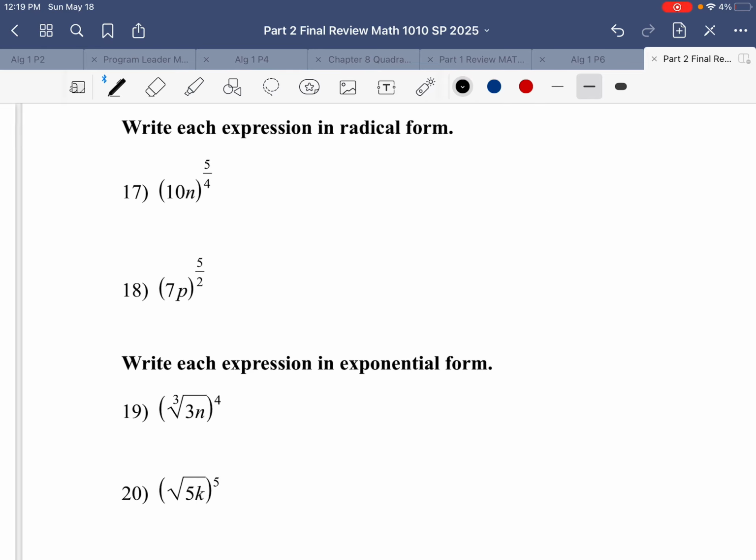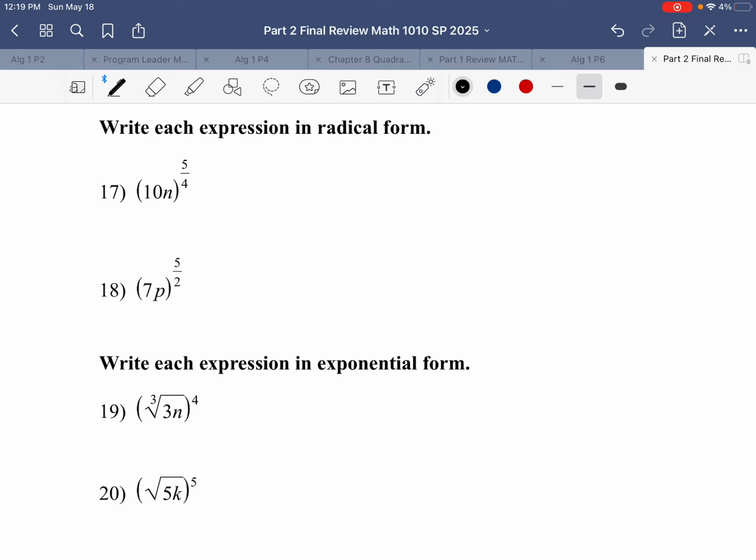And then the last part here, I didn't want it to be too time consuming, but I do want us to remember the relationship between the radical form and the exponential form. If I have x raised to the a divided by b, the a in the numerator is the power I raise this to, and the b in the denominator is going to be the index of the radical.